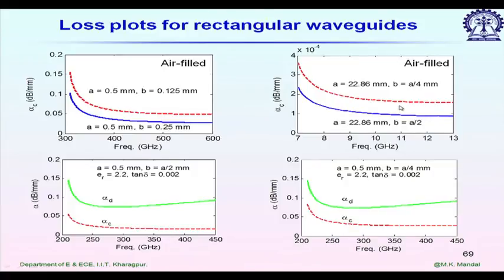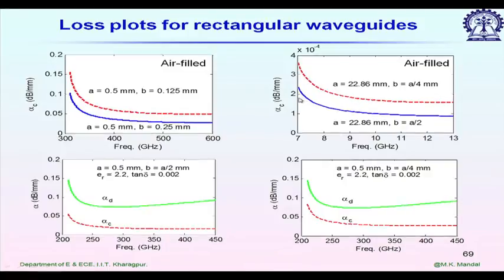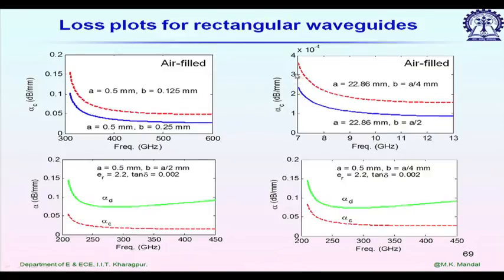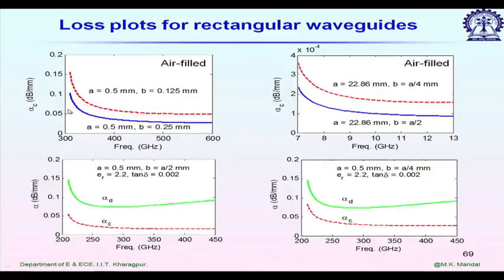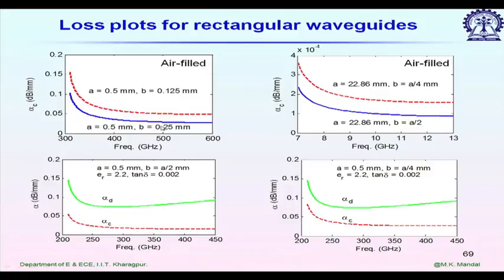Now, if we reduce the height by a factor of 0.5, alpha c increases, but look at the values: it is of the order of 10 to the power minus 4 dB per millimeter, and on the left hand side it is 0.05 to 0.1 dB per millimeter. If I operate in this region above 400 gigahertz, the typical loss value will be 0.03 to 0.04 dB per millimeter.